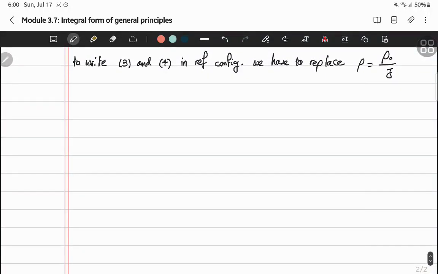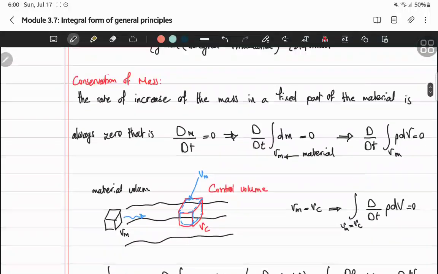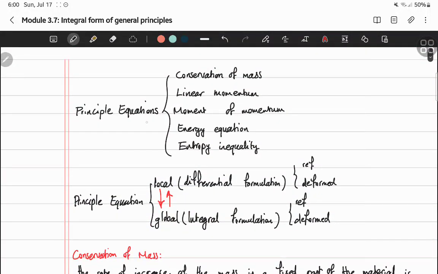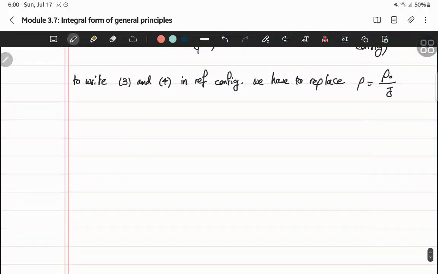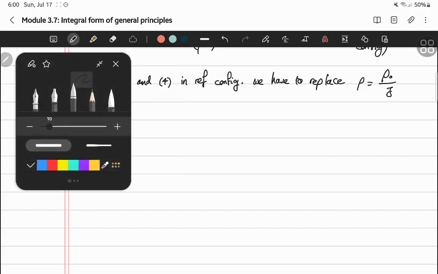All right. So now let's get to the second principal equation, which is the linear momentum. But before that, the book actually put another topic forward, which is the divergence theorem.